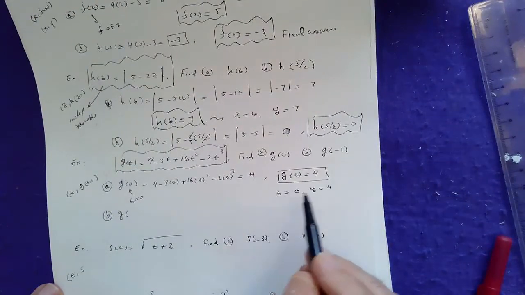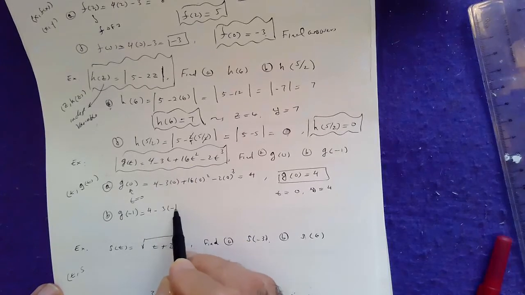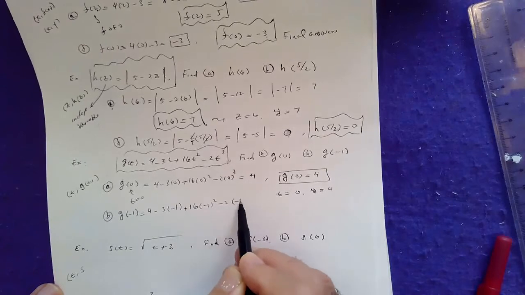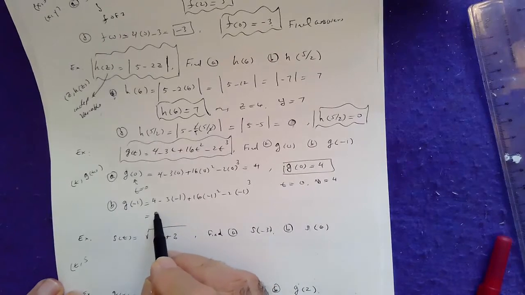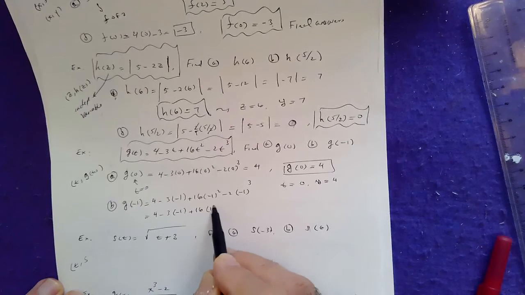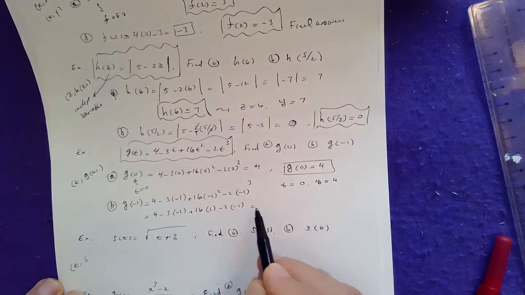How about g of -1? So go back to the equation, replace all the t's with -1, correct? And work this out. First, you do the exponents. So this would be 16, since -1 squared is 1, and -1 cubed is still -1.